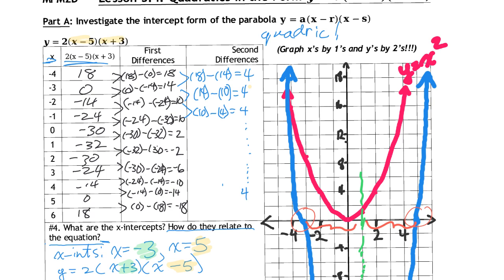The roots for this parabola are x is 5 and x is negative 3. Here is where we find it here, and here is where we find it here. This matches with this bracket, and this matches with this bracket here. It's just the opposite of what you see in that bracket.